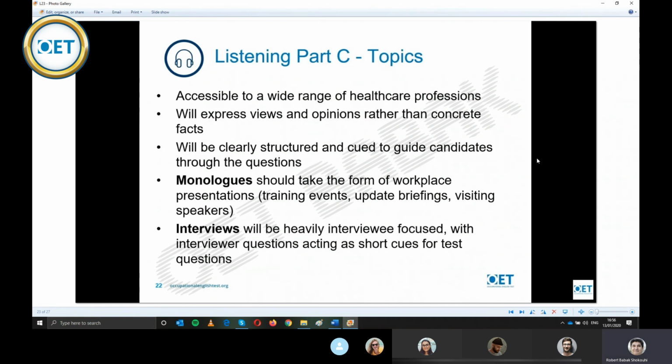It will express views and opinions rather than facts. So again, the same way as the reading, you will have questions which are not pure facts. And these sections are about things like abortion, euthanasia, something which has a little bit of controversy.